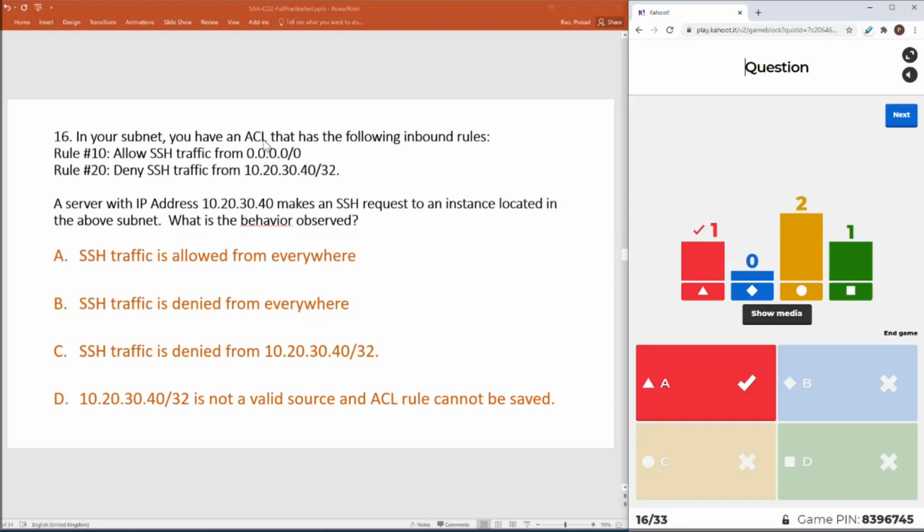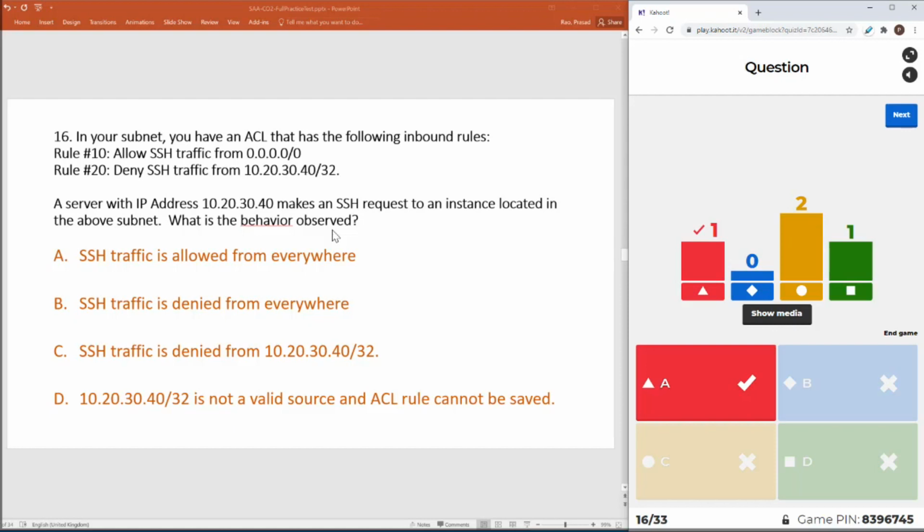The rules are listed in a numbered way, and they are evaluated with the lowest number first. If the incoming request matches a rule, and it can evaluate whether it is an allow or a deny, then it is not going to evaluate the rest of the rules at all. It takes the first one, matches it, understands whether it's allow or deny, and simply stops there.